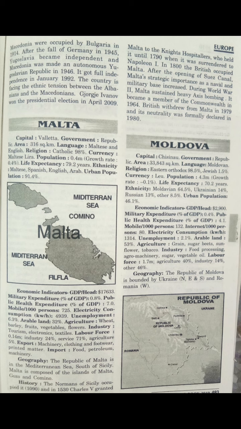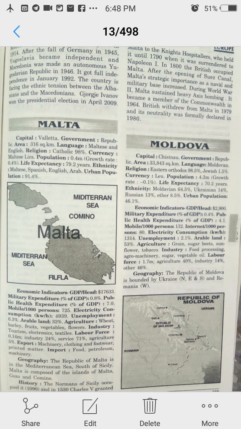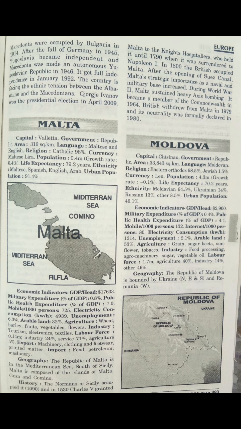Religion Eastern Orthodox 98.5%, Jewish 1.5%, currency leu, population 4.3 million, growth rate 0.1%, life expectancy 70.2 years, ethnicity Moldavian 64.5%, Ukrainian 14%, Russian 13%, others 8.5%. Arable land 53%, agriculture, grain, sugar beets, sunflower, tobacco. Industry, food processing, agro machinery, sugar, vegetable oil.